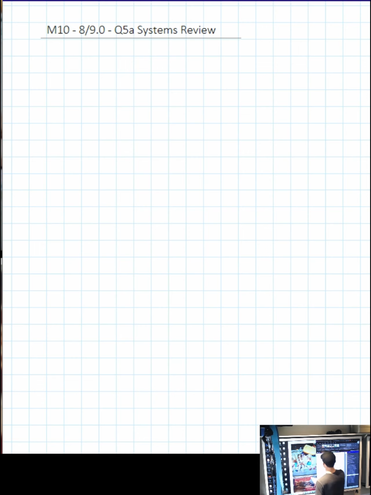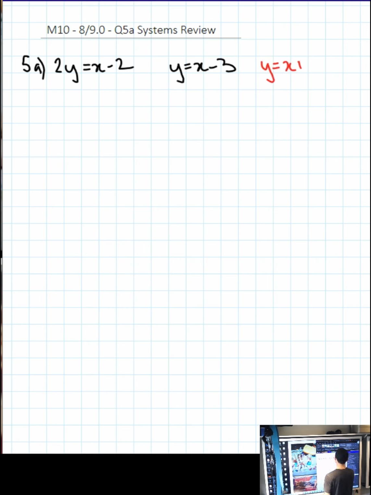Okay, we have 5a. So we've got 2y equals x minus 2, and y equals x minus 3. First things first, is 2y minus y 0? No. Is x minus x 0? Yes. Are all the terms lined up? Yes, because they're in the form y equals x plus or minus a number. So we can take one of the equations and put it below the other one.